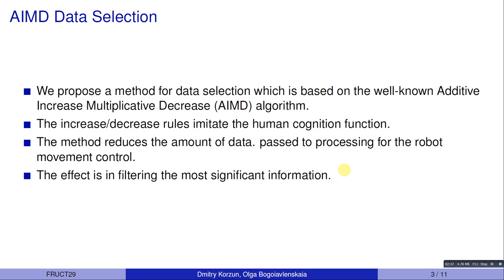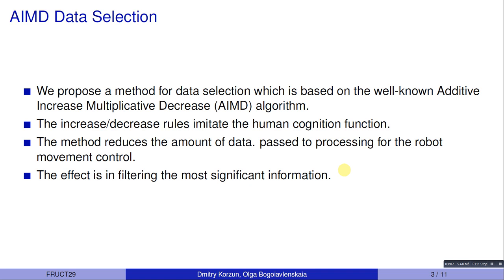As for this problem, the increase and decrease rules which this algorithm defines could imitate the human cognition function. So they express the level of our pessimism and optimism about the environment and the activities of the autonomous mobile device, autonomous mobile robots.